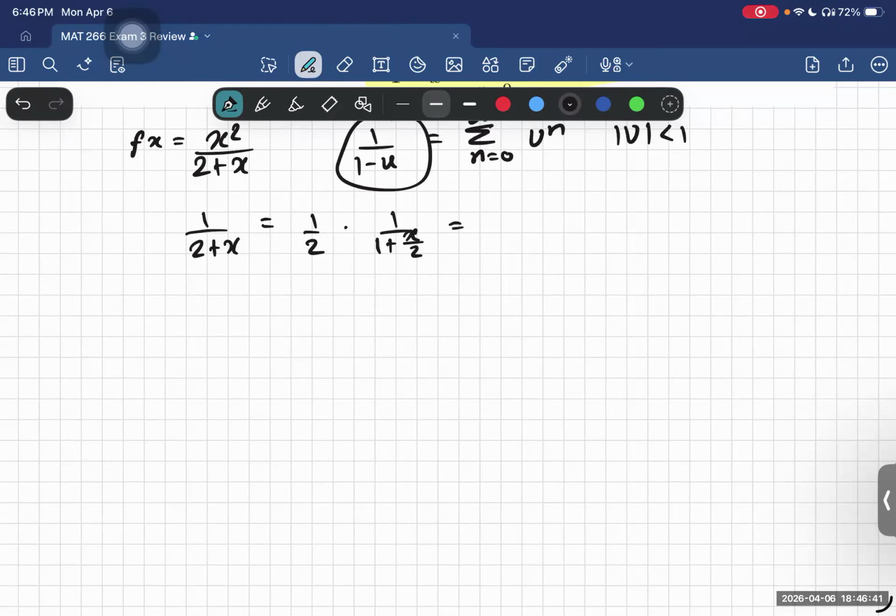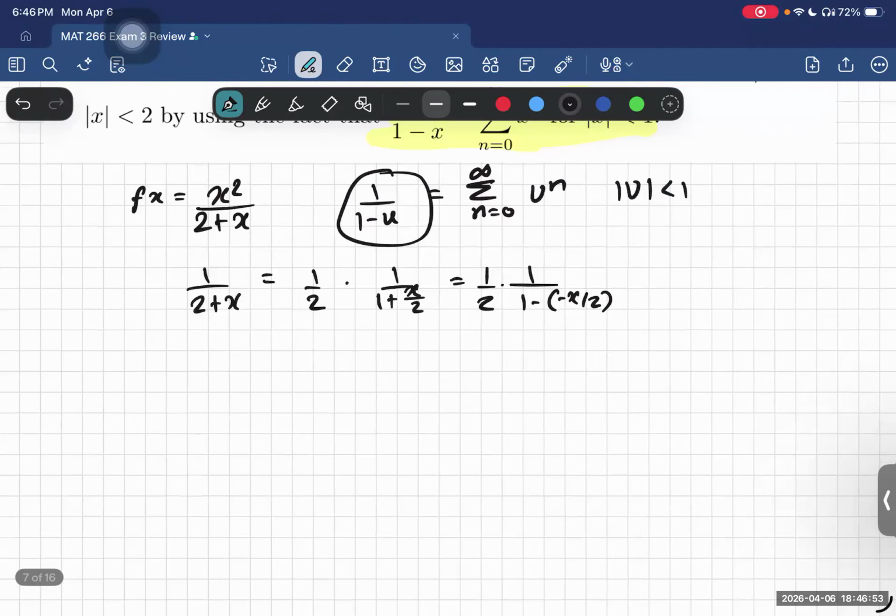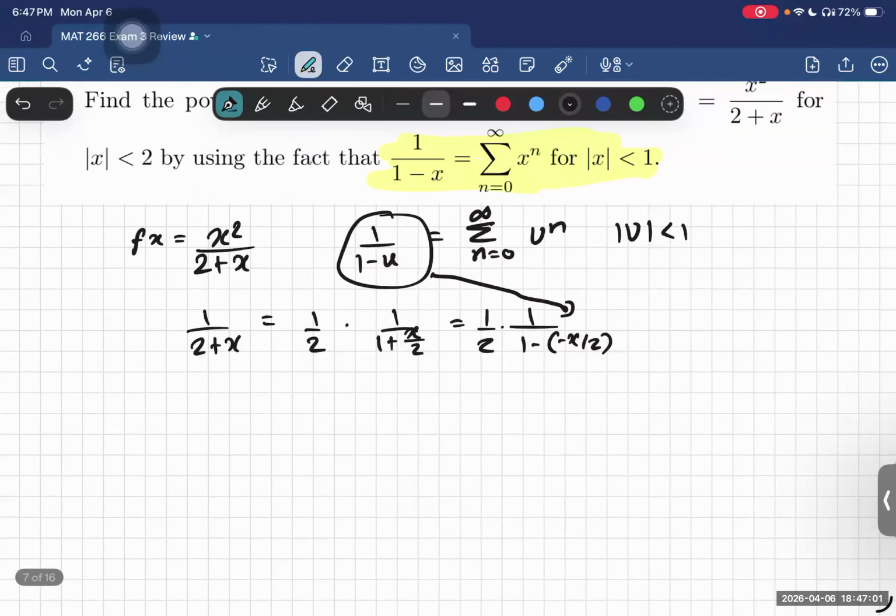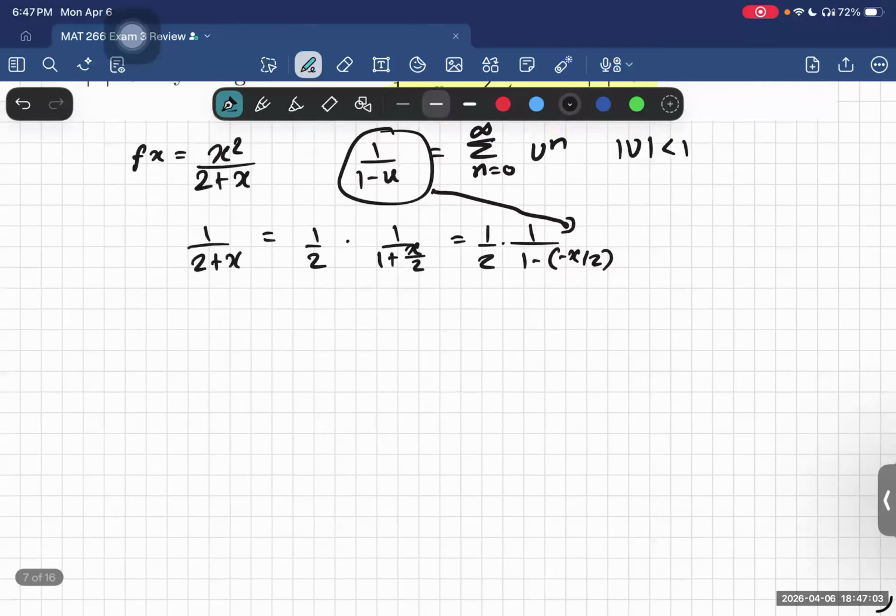And now we will have 1 by 2 times 1 over 1 minus negative x by 2. As you see, we have got this in a general form like the one here. So now the next step will be the summation part.